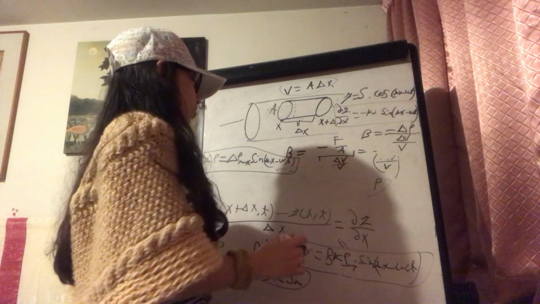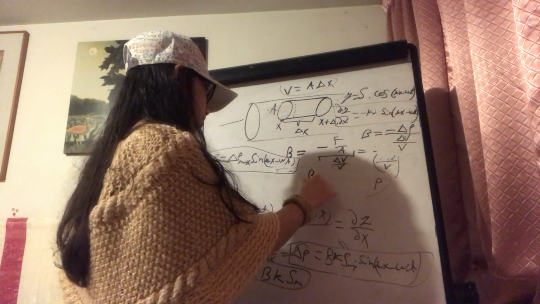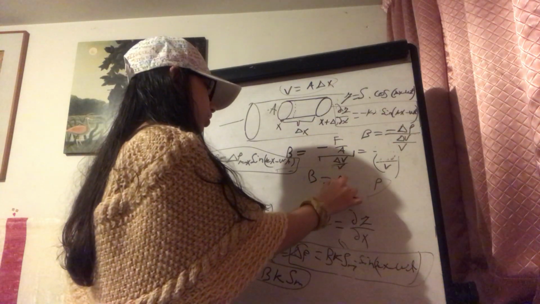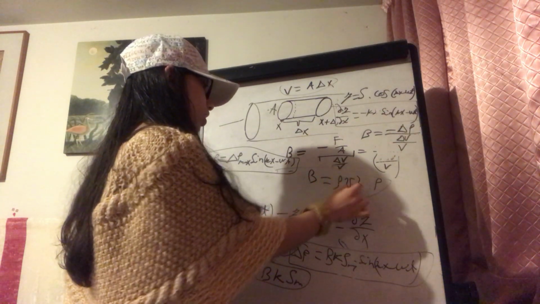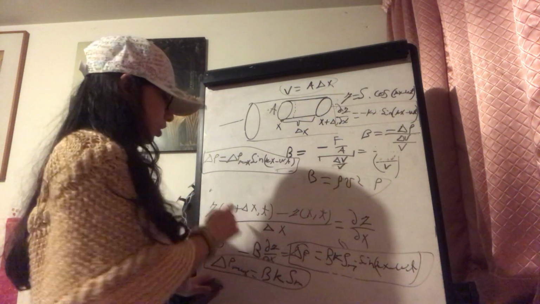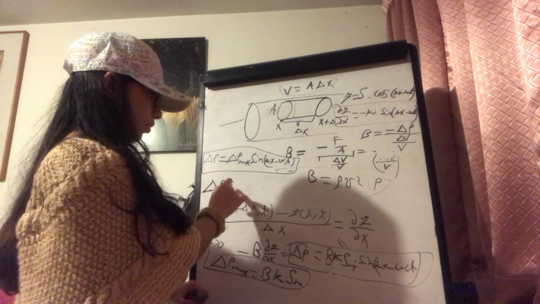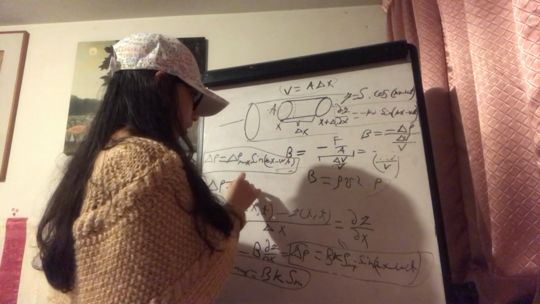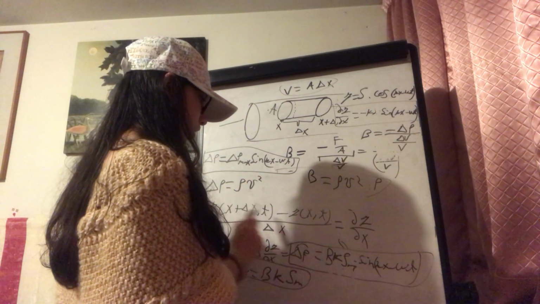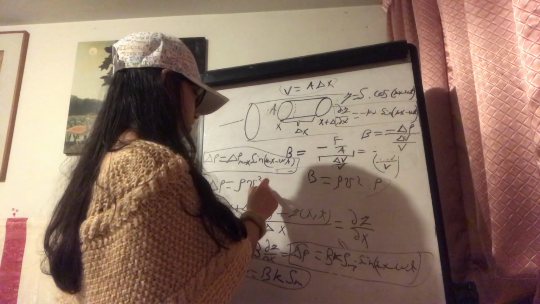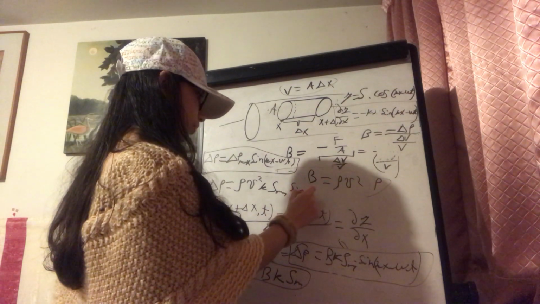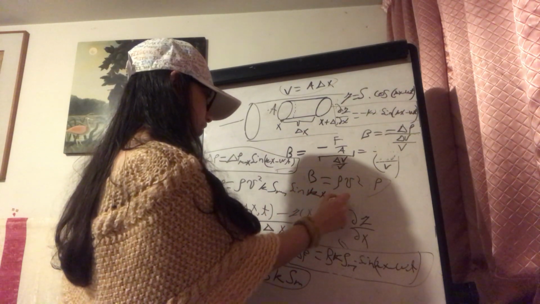But if you remember, the bulk modulus is also equal to rho, the density, times the velocity squared. So we can also write the change in pressure as the density times the square of the velocity times k times S max sine of kx minus omega t.